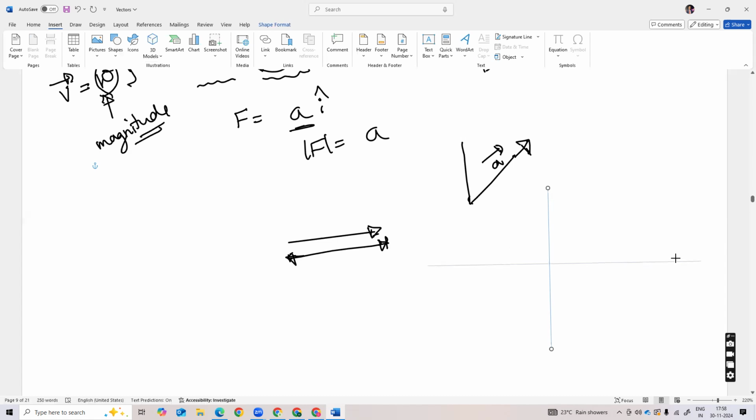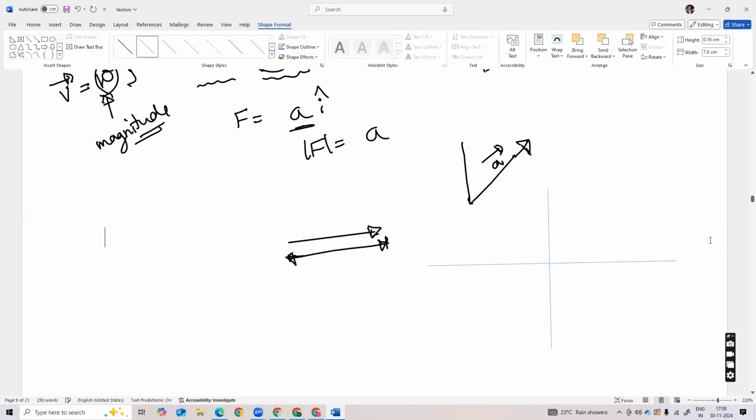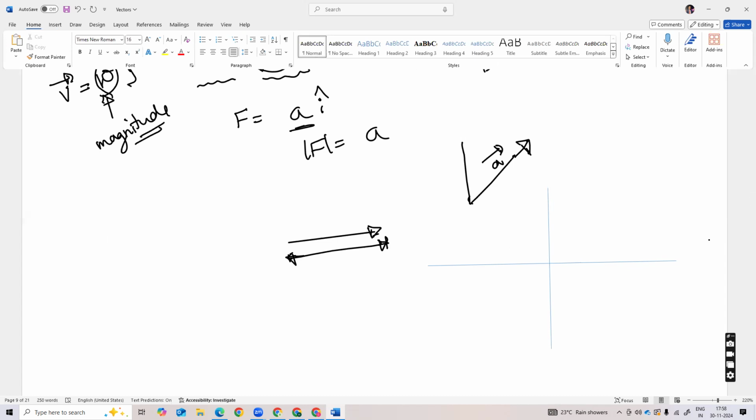Let's say this is plus x direction, this is plus y direction.